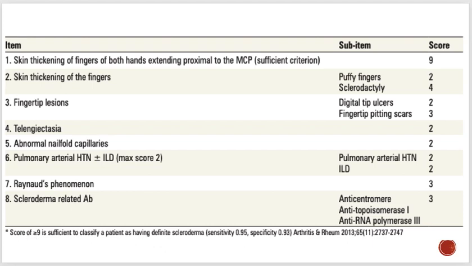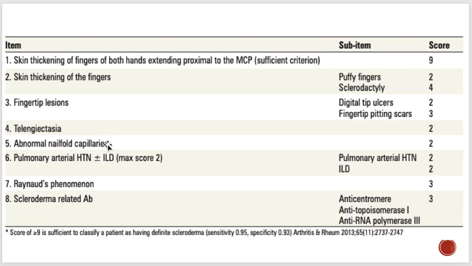The other items are: skin thickening of the fingers, puffy fingers 2, sclerodactyly 4, then fingertip lesions like digital ulcers or scars 2 and 3, telangiectasias 2, abnormal nail fold capillaries 2. Yes, this is important. What are abnormal nail fold capillaries? What they do, by the way, is put oil and look at the nail bed under an ophthalmoscope or a microscope.